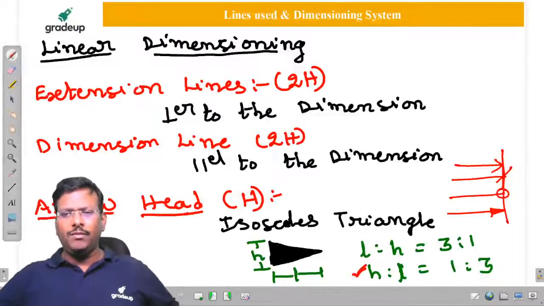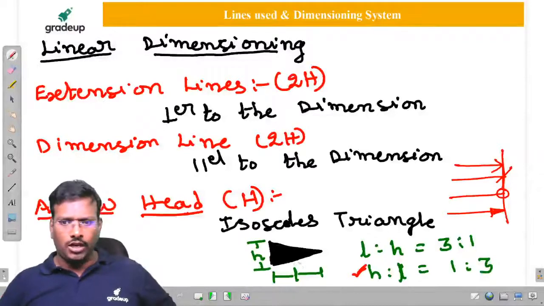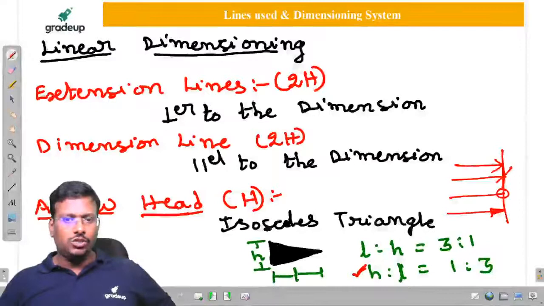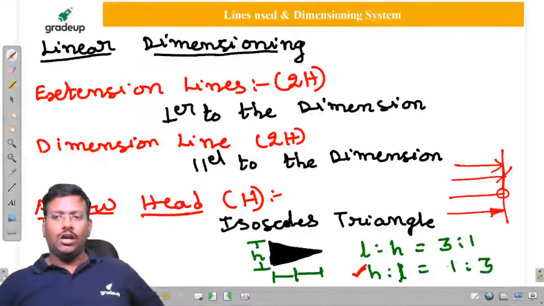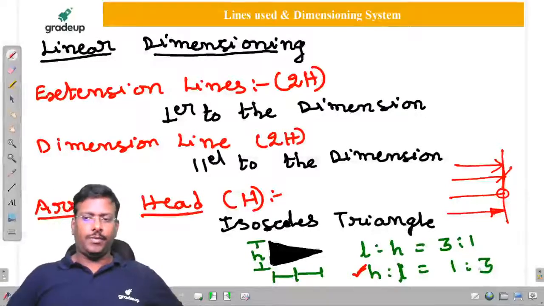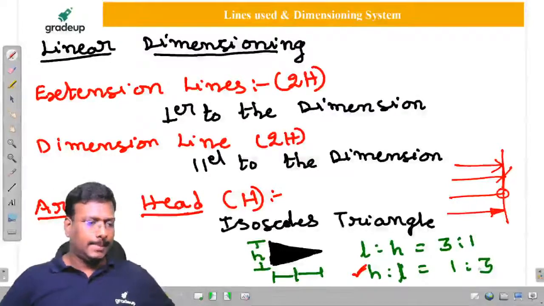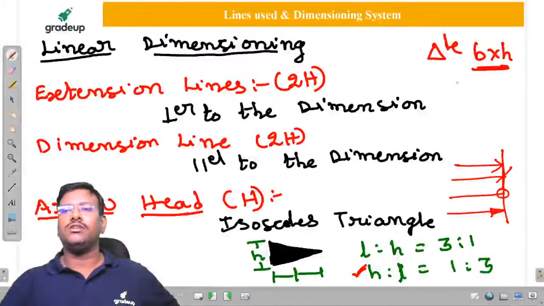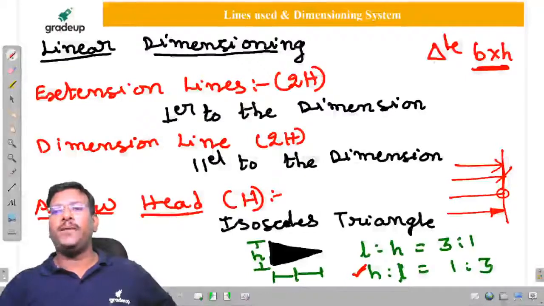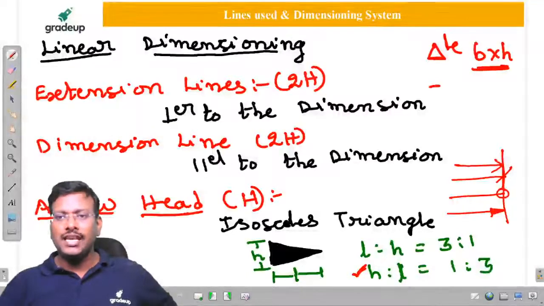No, that is correct, my dear friend. Because if I mention length is to height, it is 3 is to 1. Height is 1 unit, length is 3 units, so it is 1 is to 3. It is because it is an isosceles triangle. For any triangle, B by H will be written. Here the base is 1 and the height is going to be 3, sir.